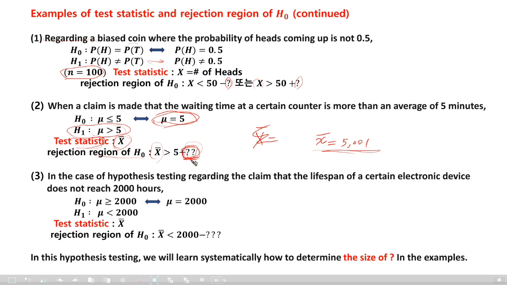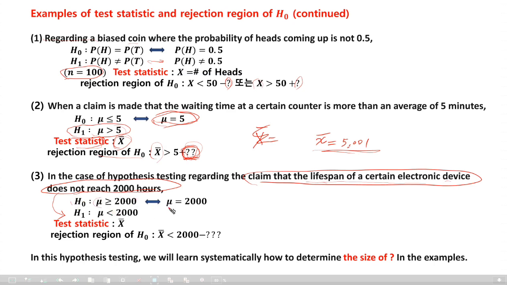In the case of a hypothesis test regarding the claim that the lifetime of a certain device does not reach 2,000 hours, this is a claim. So this should be H1, the alternative hypothesis, mu less than 2,000. The rest of the area in the real numbers is H0, like this.